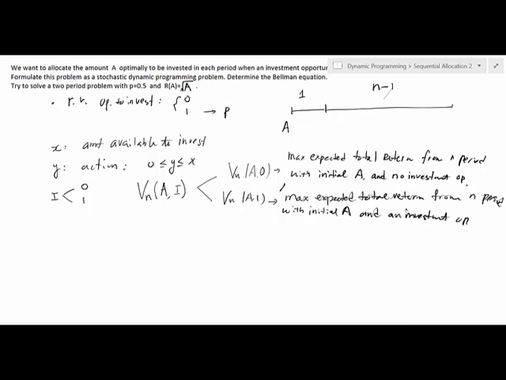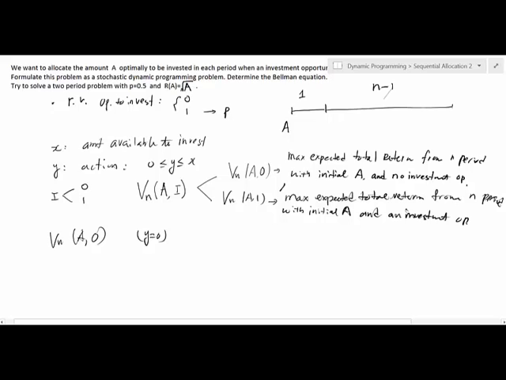So now let's look at what's going to happen if we want to set up the Bellman equation. First, we need to look at the action. Let's first look at Vn(A,0). What kind of actions can we choose? Because there is no investment opportunity, y must be equal to 0.